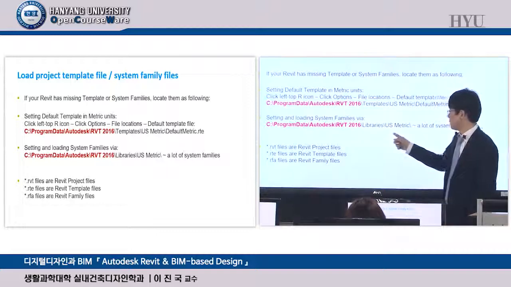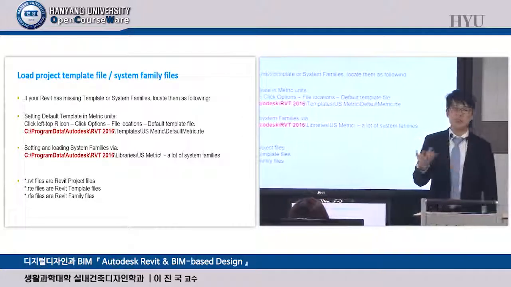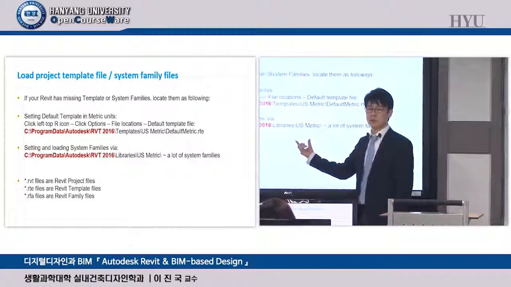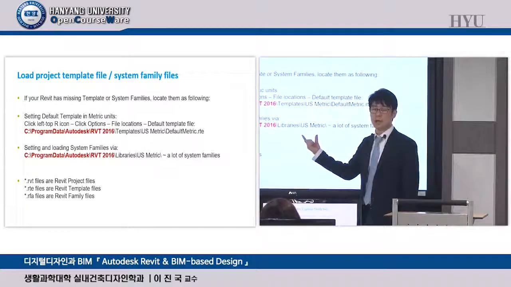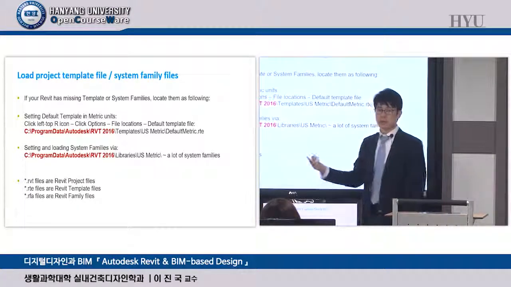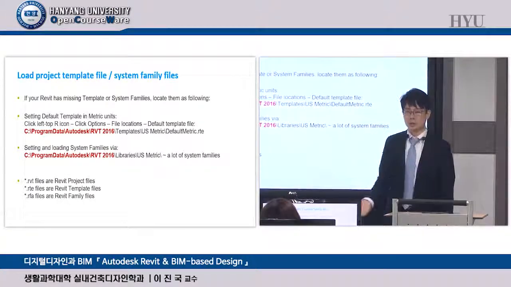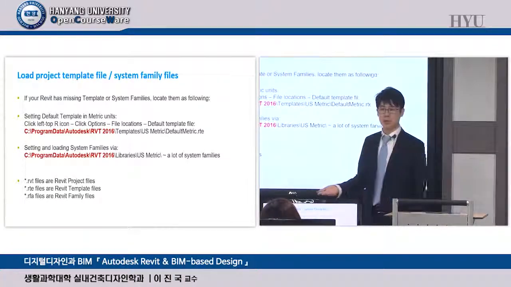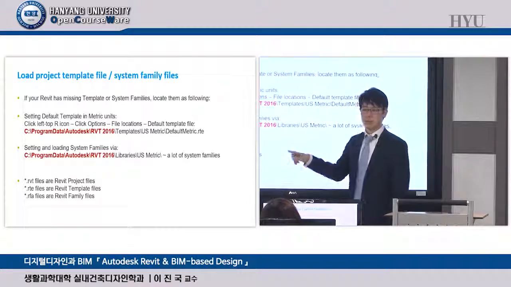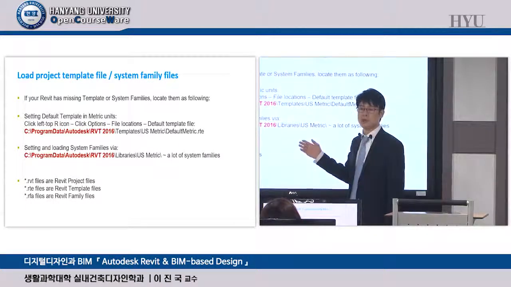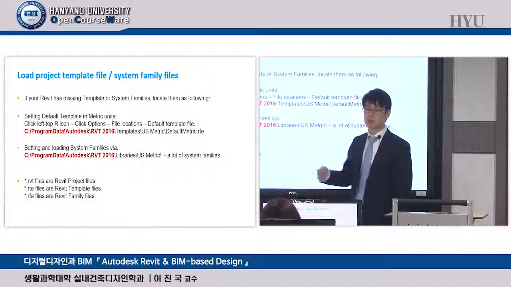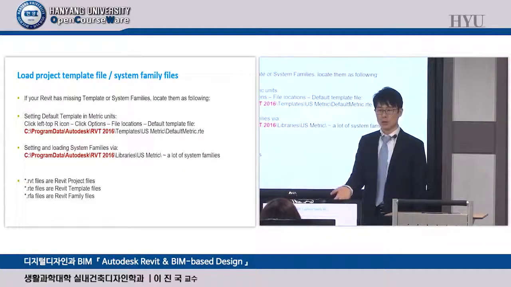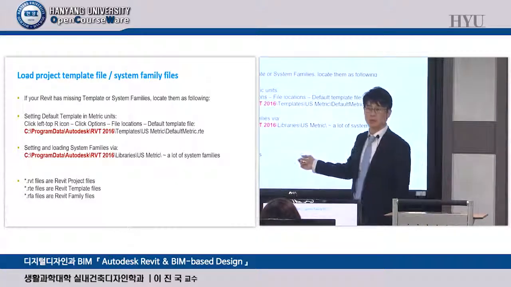Under library, in the current installation, we have a number of Korean libraries and generic libraries. If you want to install the US metric library or even French or Hungarian libraries, you can install them. Just double click the Revit installation again, and then the installation will ask you whether to add libraries or not.